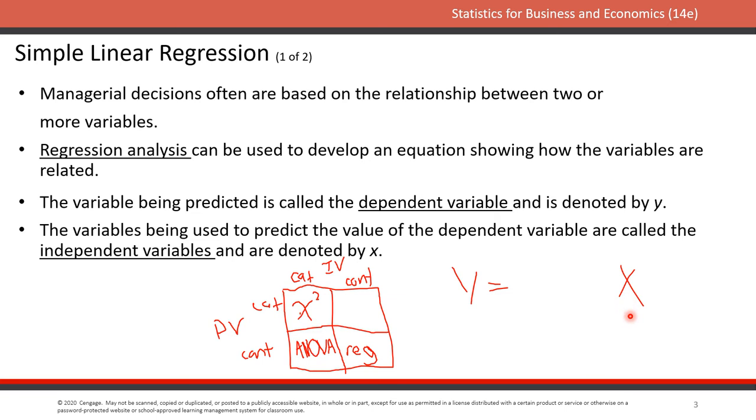So if I'm trying to predict, say, how well your income affects your eventual health outcomes later in life, then I might say income on health outcomes is what I'd be looking at with this particular model. Income being the independent variable, that which affects something else, and health outcomes being the dependent variable.